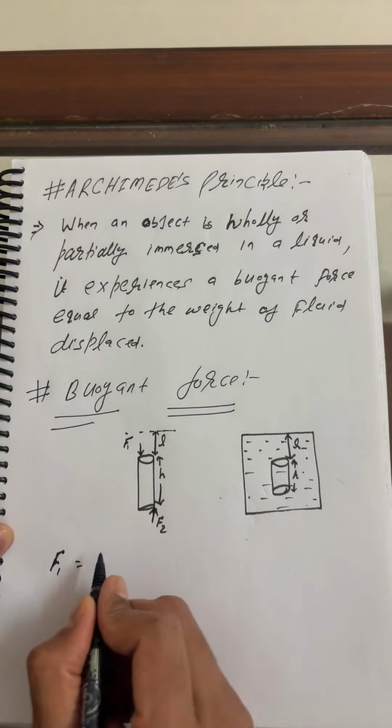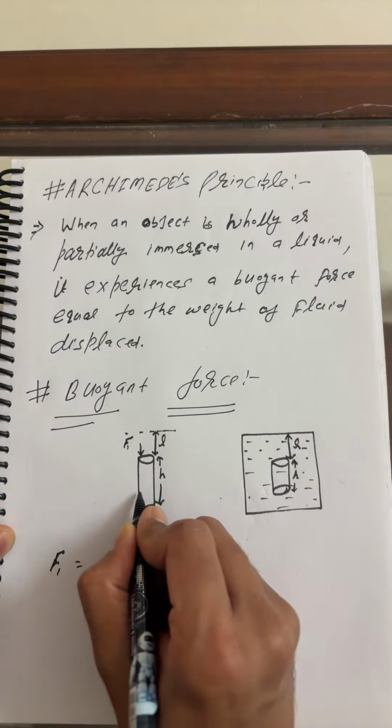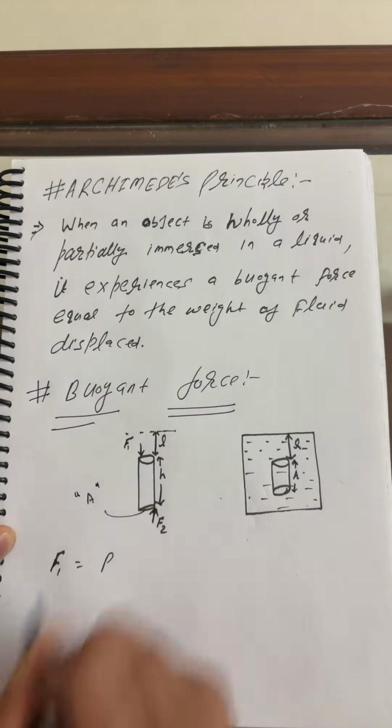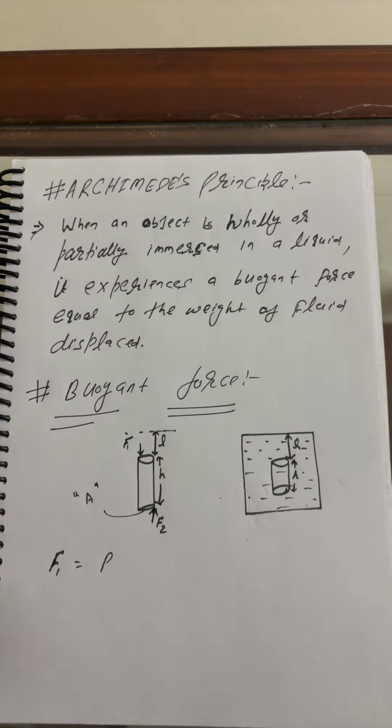Now, students, F1 is the force due to the liquid. One more thing I want to tell you: A is the cross-sectional area of the cylinder.